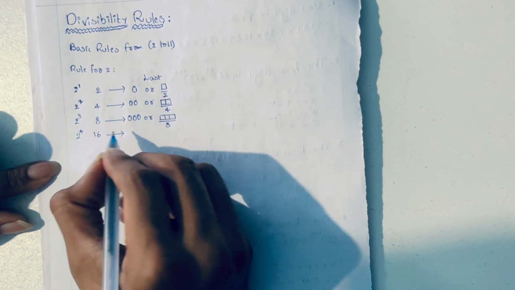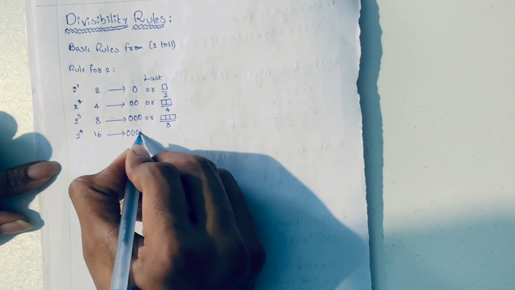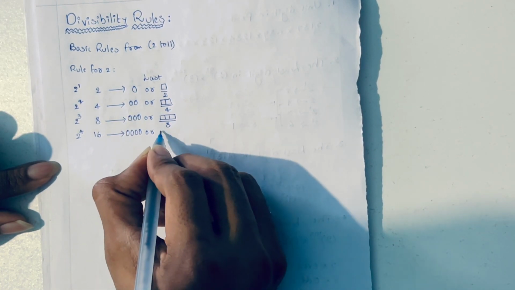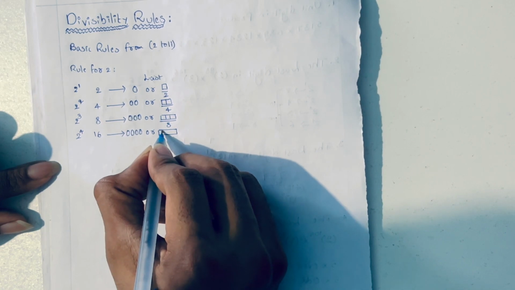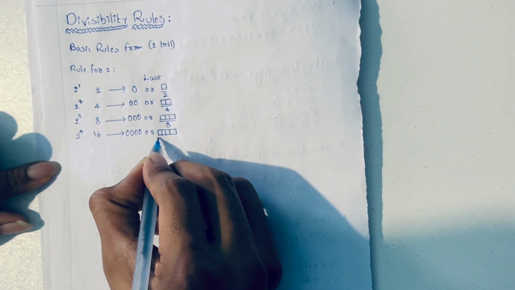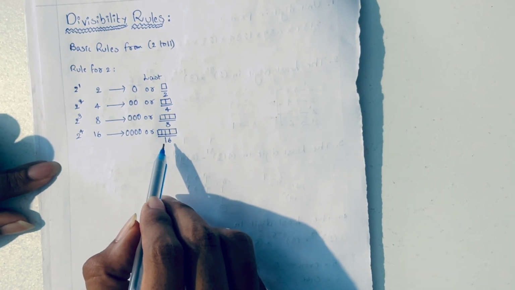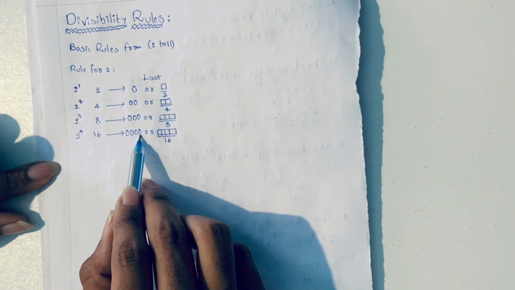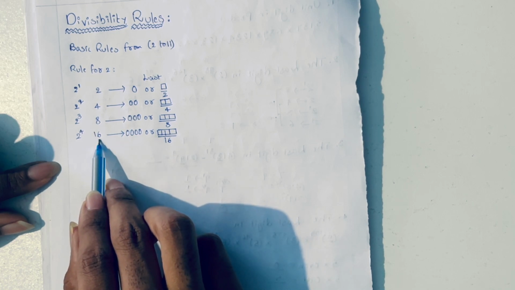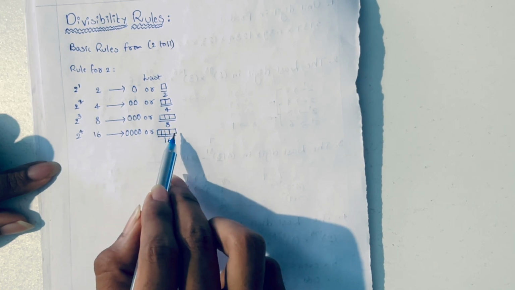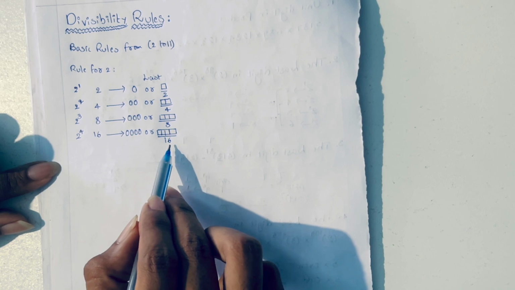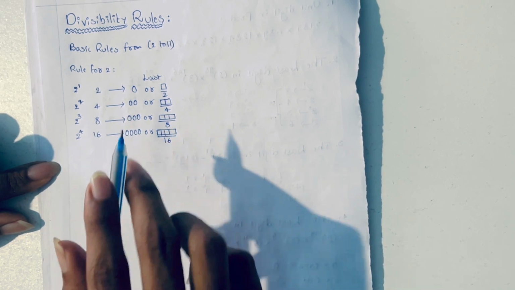So we are having a power 4, that means the last 4 digits are 0, or the last 4 digits 1, 2, 3 are divisible by 16. This is also the same: if any number has last 4 digits 0, it is divisible by 16, or if any number's last 4 digits are divisible by 16, then the whole number is divisible by 16.